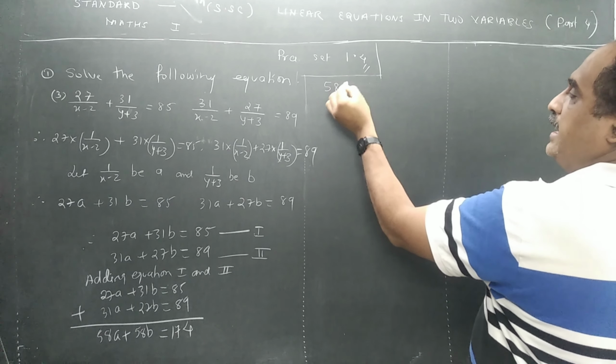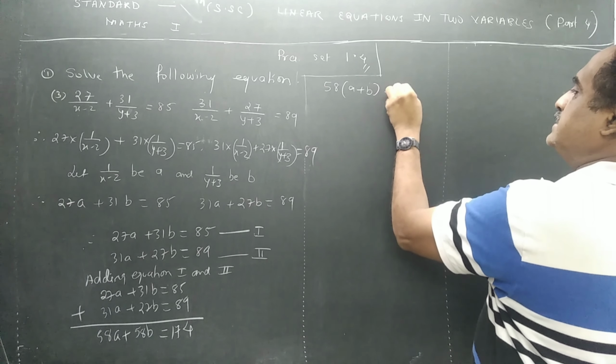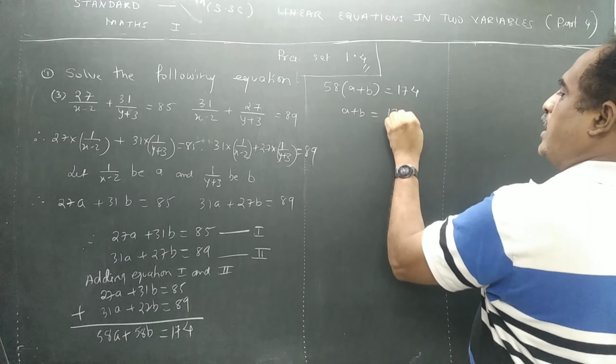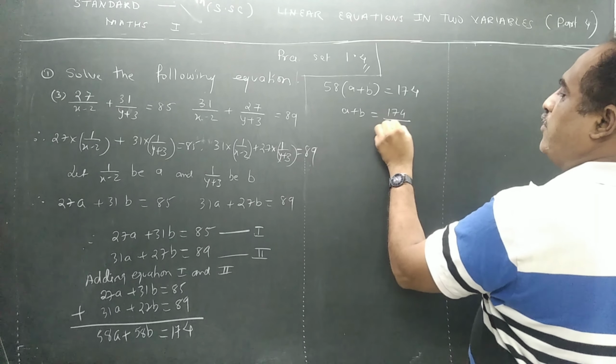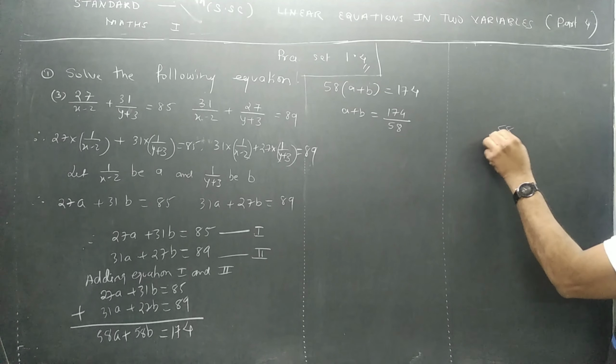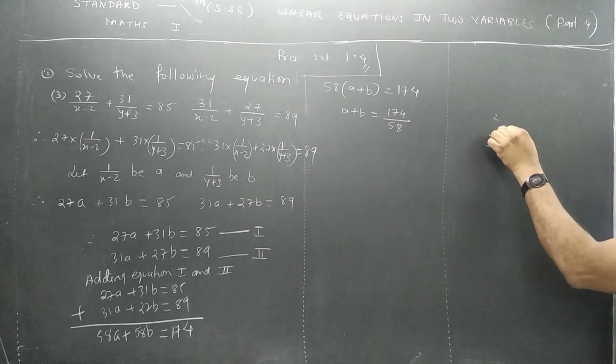Okay, so what will happen then? 58 times (a plus b) is equal to 174, or a plus b is equal to 174 by 58. Let's check 58 into 3: 8 threes are 24, 5 threes are 15.